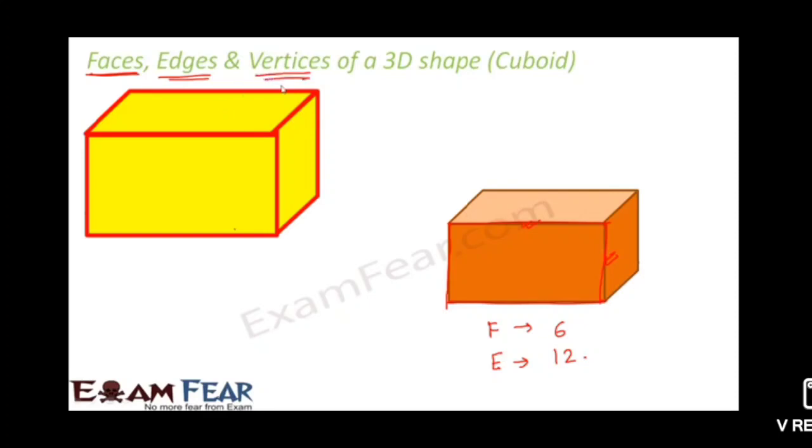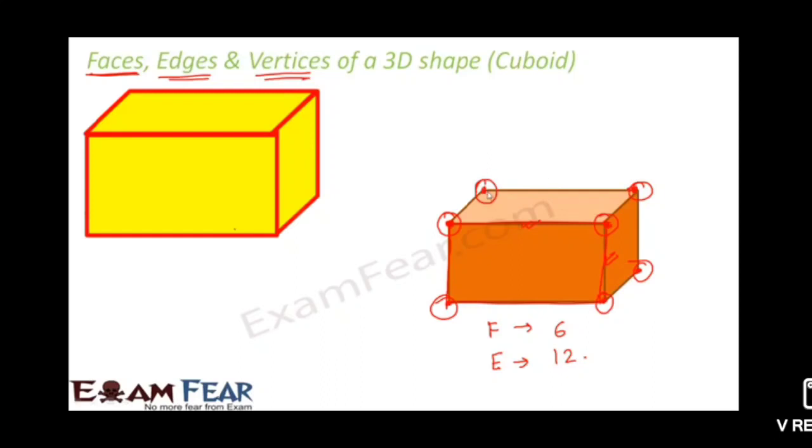And what is the meaning of vertices? Vertices are nothing but the corners. This is the first corner, then this is the second corner, where the three edges meet. That is called a vertex. How many vertices are in a cuboid? Yes students, can you count that?